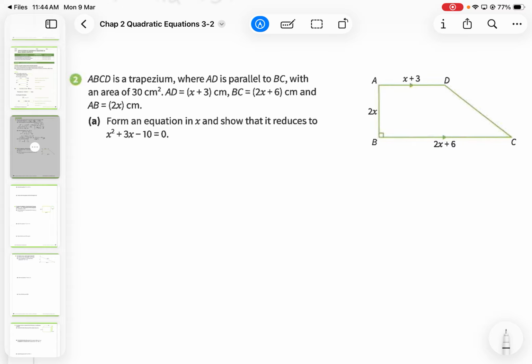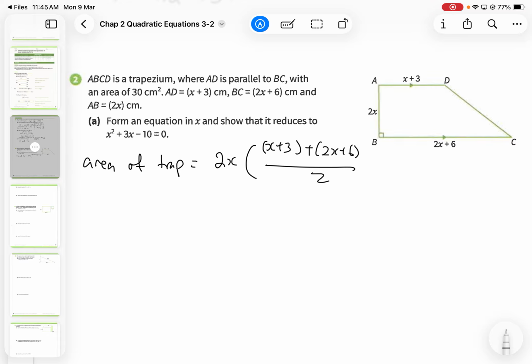So I must take the average of these two lengths. Okay? So I can say area of trapezium is equals to 2x multiply x plus 3 plus 2x plus 6 divided by 2.